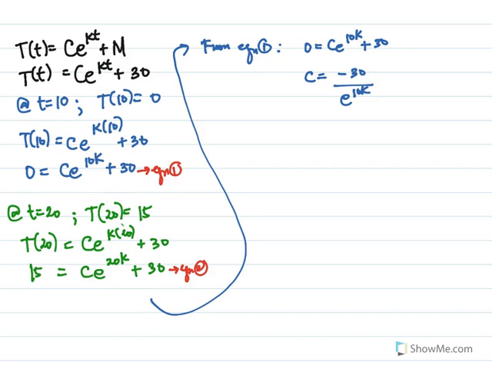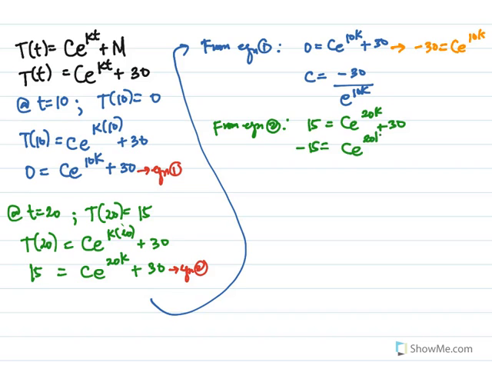Pag nire-write mo to as negative 30 is equal to Ce to the 10K, and then you solve for C. Then from equation 2 naman, which is 15 equals Ce to the 20K plus 30. Pag tinranspose mo si 30 sa kabilang side, magiging 15 minus 30. So, negative 15 equals Ce to the 20K. So, we can write C as negative 15 over e raised to 20K.